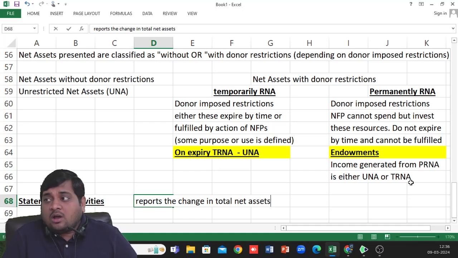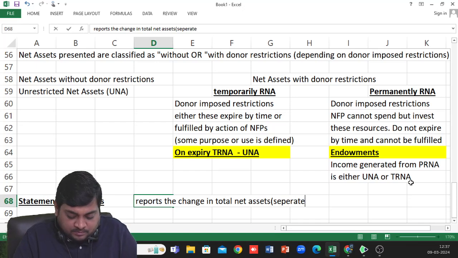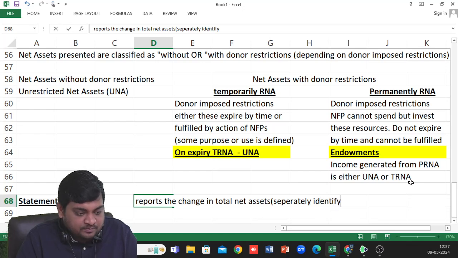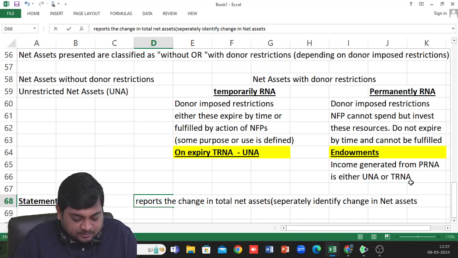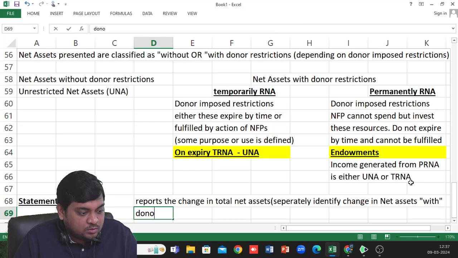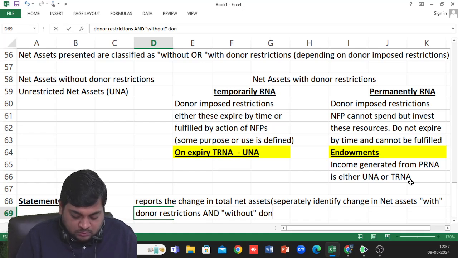Now when we talk about the change in net assets, we need to identify separately the change in net assets with donor restrictions and without donor restrictions.